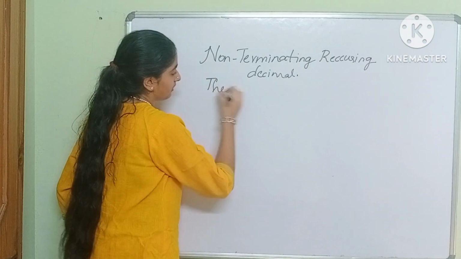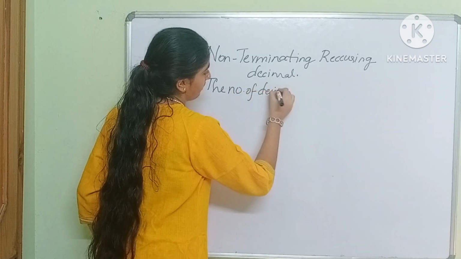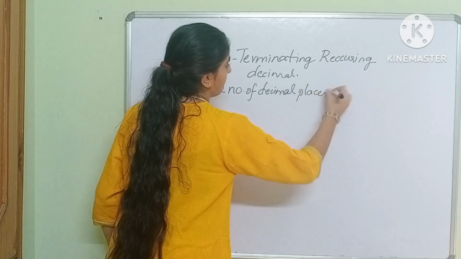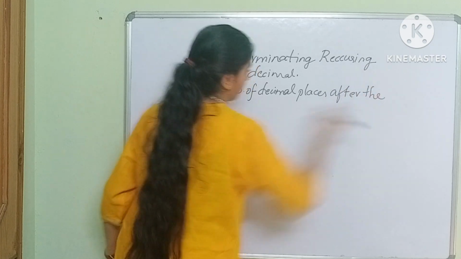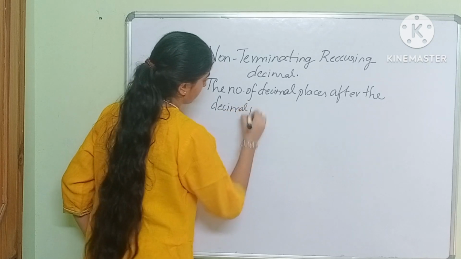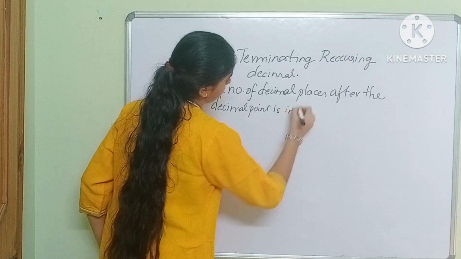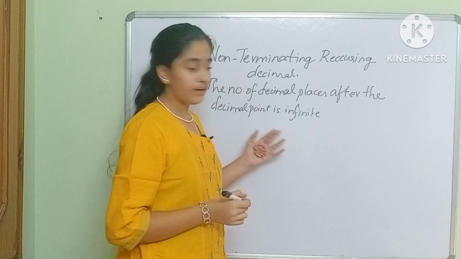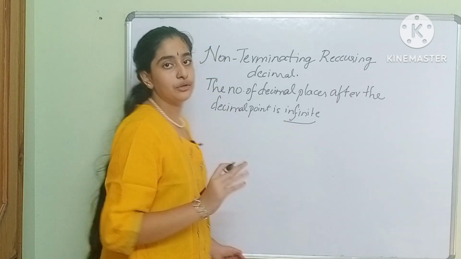What is a non-terminating recurring decimal? The number of decimal places after the decimal point is infinite or not finite. Here infinite means which will not end at any particular point.